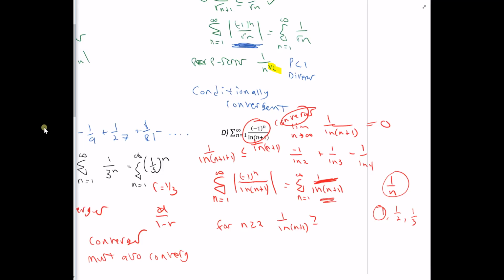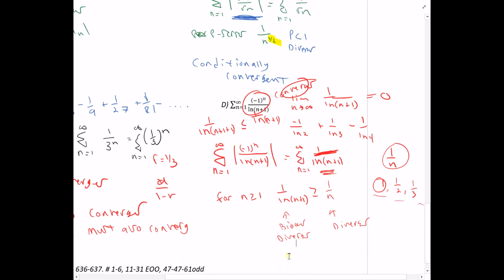We're comparing 1.44 to 1, and we're comparing 0.9 to 1/2. So it's not just for n greater than or equal to 2, it's for all n, right? Because even for 1 it was greater. Comparing these numbers on the calculator with these numbers here, you can see that 1/(ln n plus 1) is always greater than 1 over n, and since 1 over n diverges and this one's bigger, it also diverges. So it's a little review of the direct comparison test.